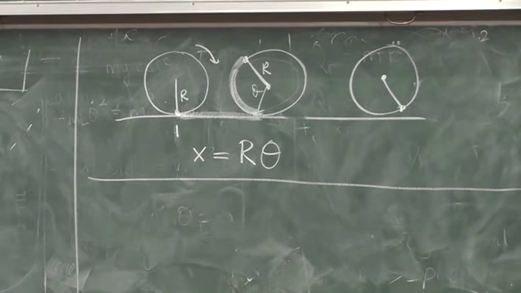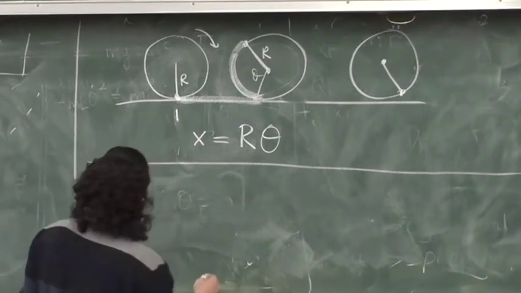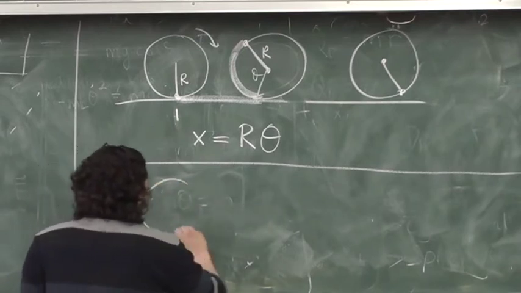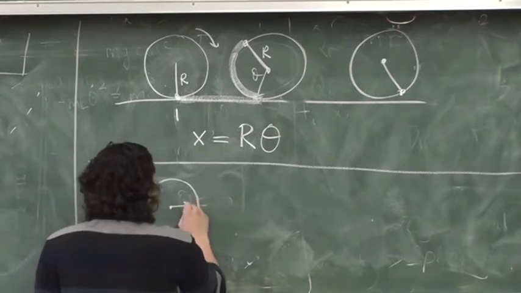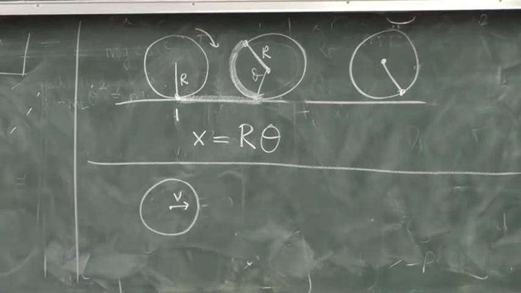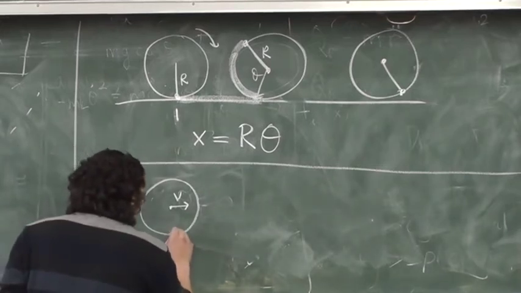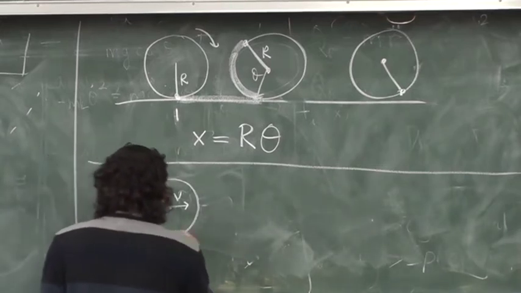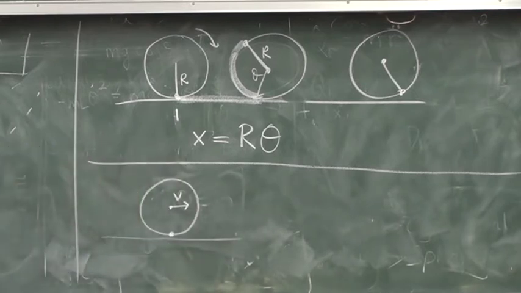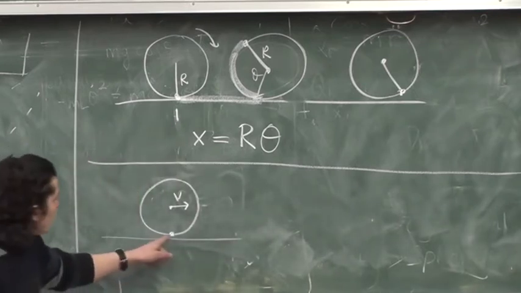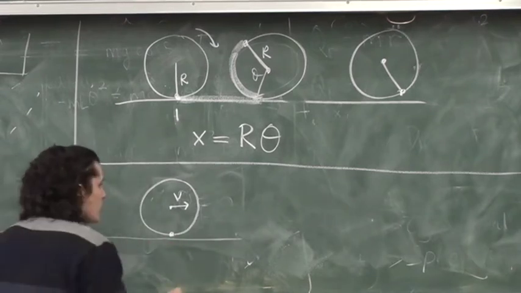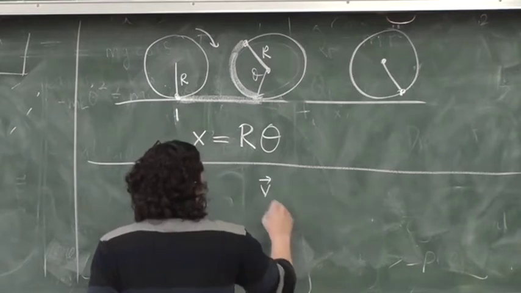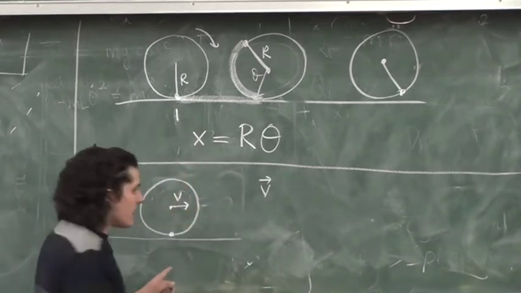How do we write that mathematically? Well, this disc is moving, the center is moving with a velocity v. And this point here, which I require at all times to be stationary by my no slipping constraint, is moving with what velocity? Well, the first part of the velocity is v, because the whole wheel is moving at a velocity v.